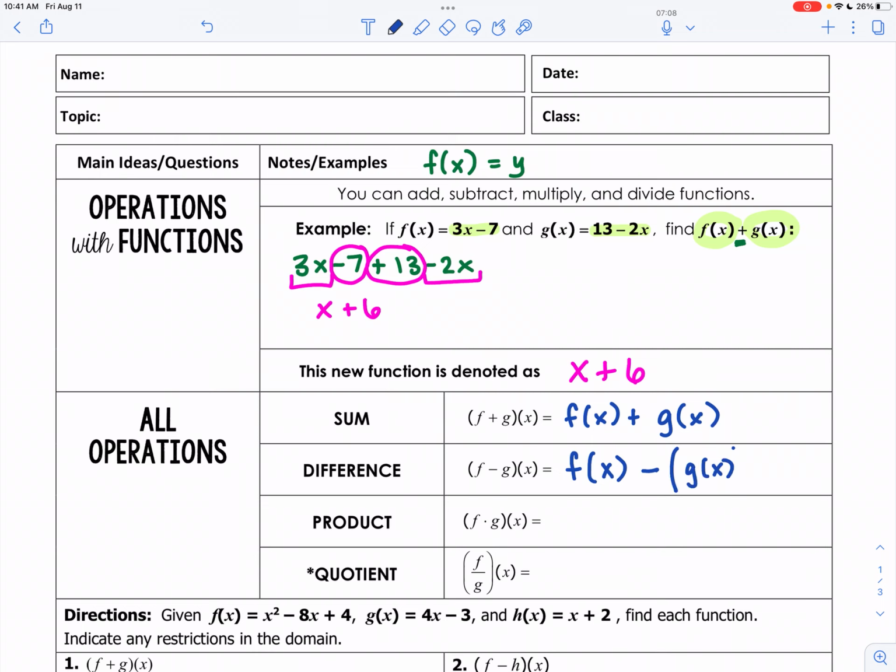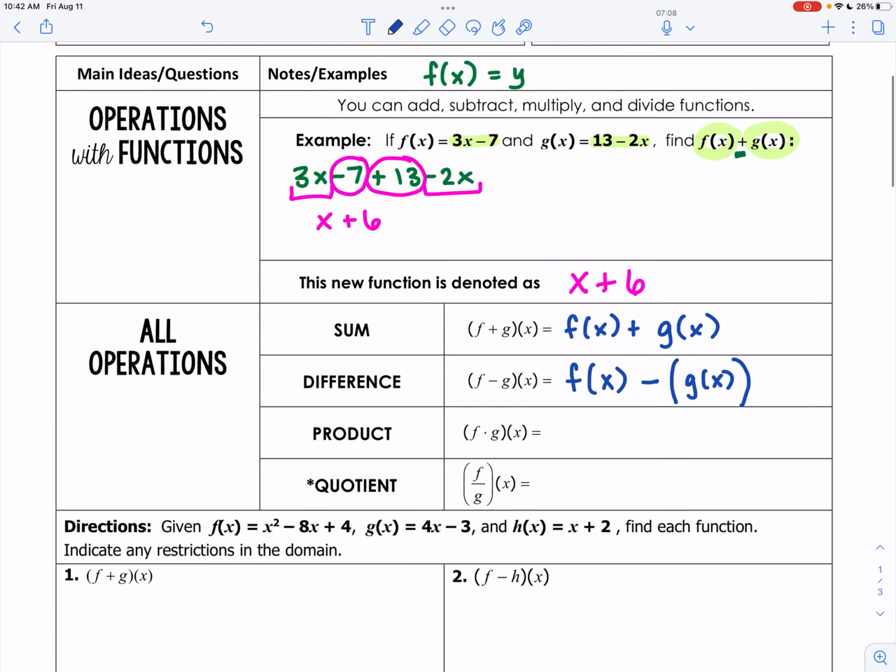That's to help you know that we need to use parentheses around the function that we're subtracting, because if we don't put parentheses, we forget that we're subtracting the whole function from f of x and not just the first term. So always put that second function that we're subtracting in parentheses.